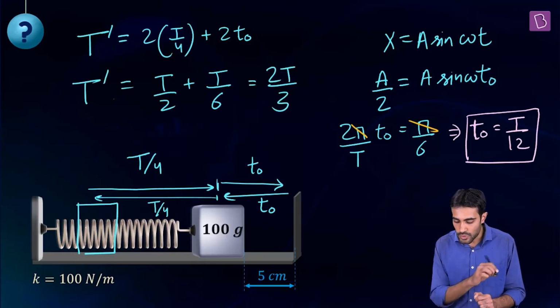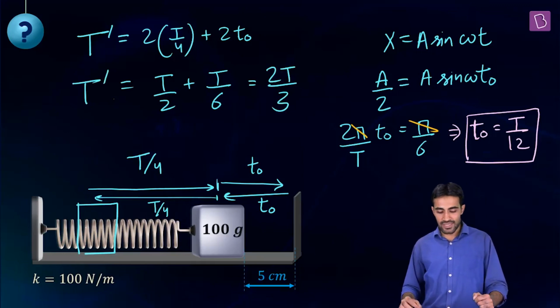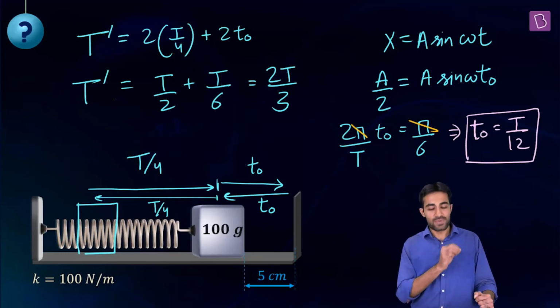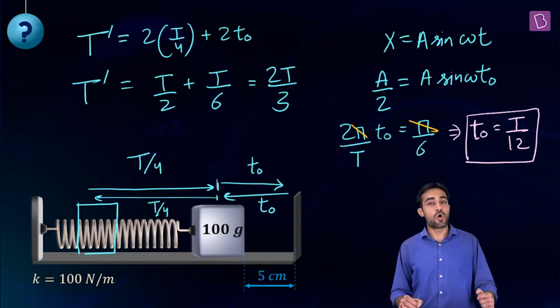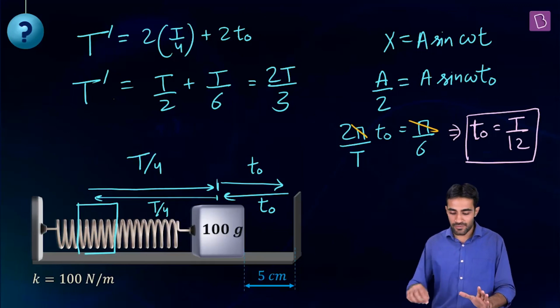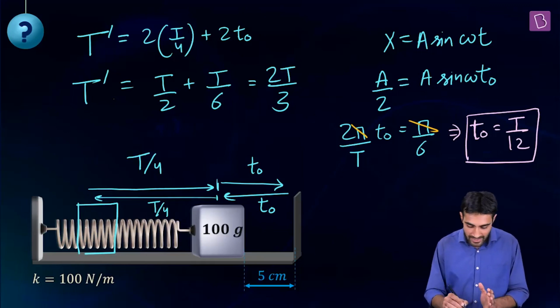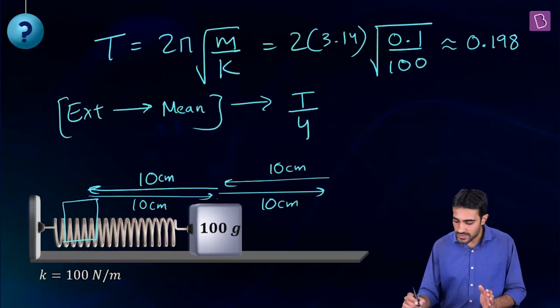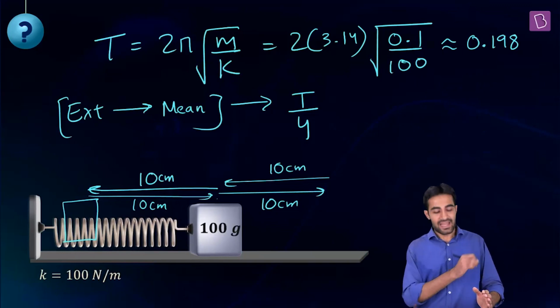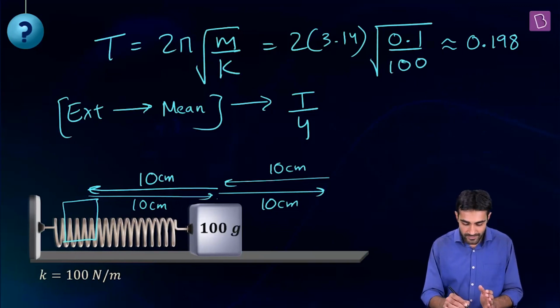This is the new time period T dash. It is 2 times the old time period divided by 3. When the wall was not present, the old time period we calculated was 0.198. So let's put this value over here.